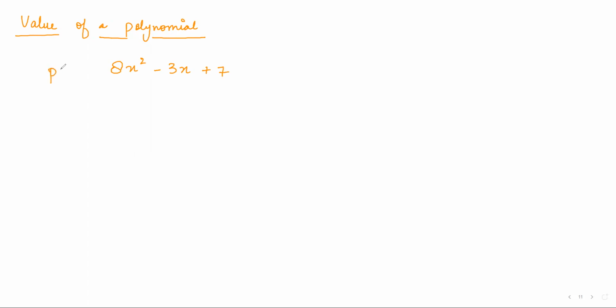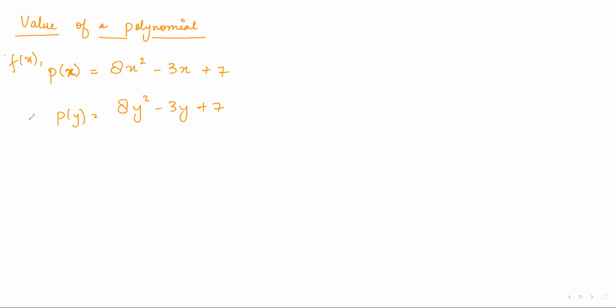I can call it p in variable x, this way I can name it, right? Or I can call it f, any name you can give, and put a bracket. So it is a polynomial in x. If it is like this, 8y squared minus 3y plus 7, I write p(y). Understood? This is a polynomial in y. Is that okay?